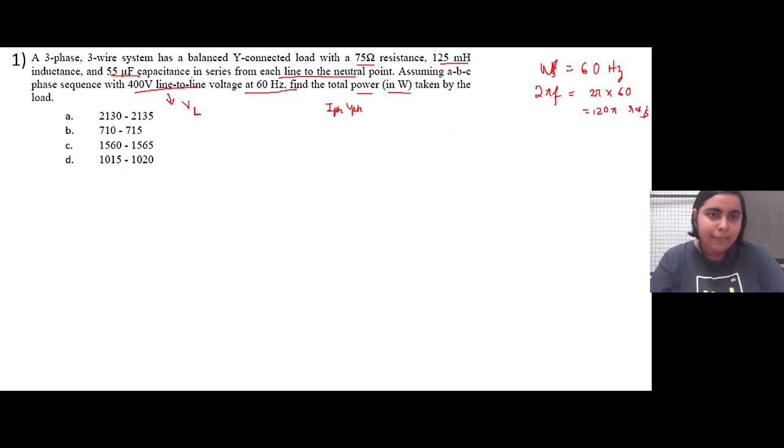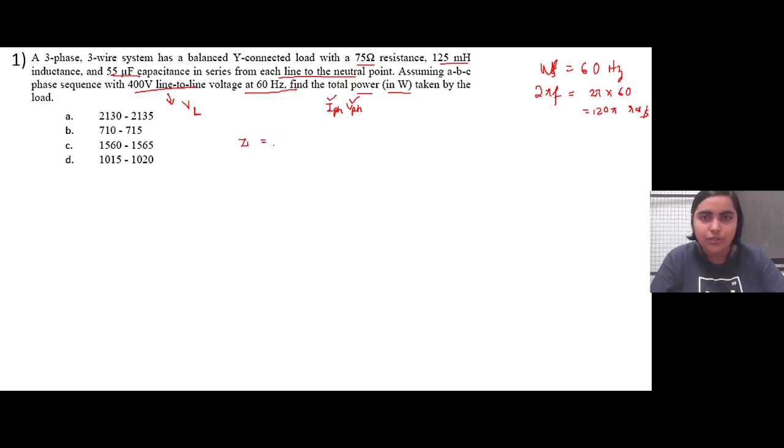Now we can find the impedance of the source for each phase. In order to calculate the current we have to know the impedance, because we have the phase voltage, we do not have the current. So let us find the impedance.